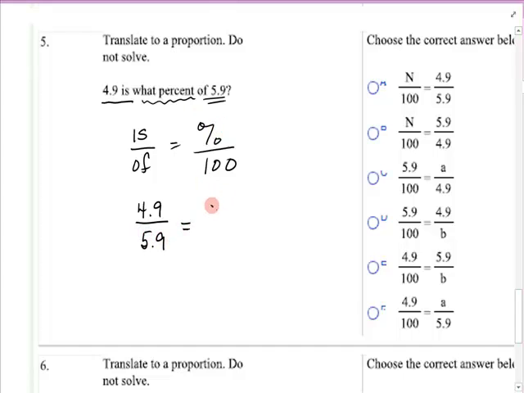The percent we don't know, and it's over 100. So I'm looking for one that has 4.9 over 5.9. Well, this one does. And that's the only one. It also has N where I have X over 100. Obviously, it does not matter which side of the equation these ratios are on.